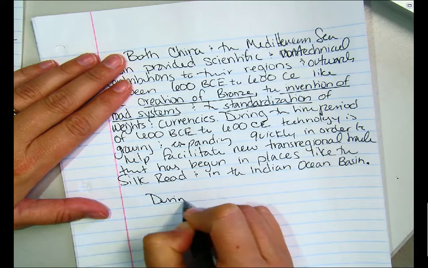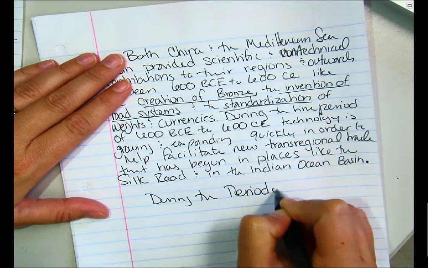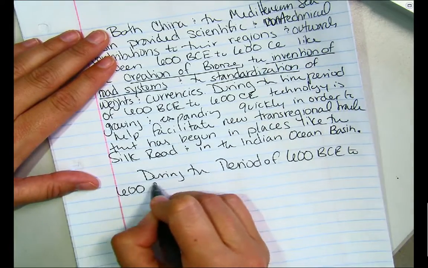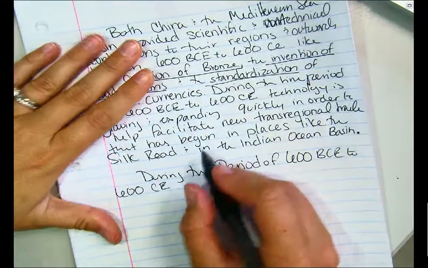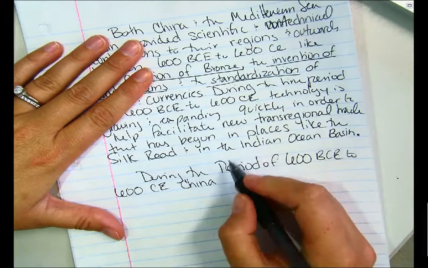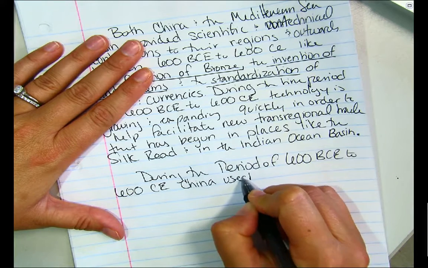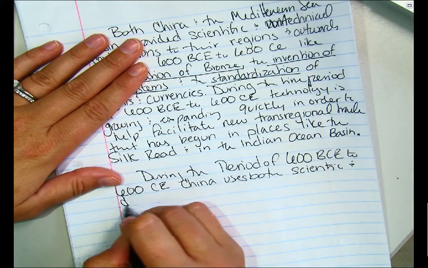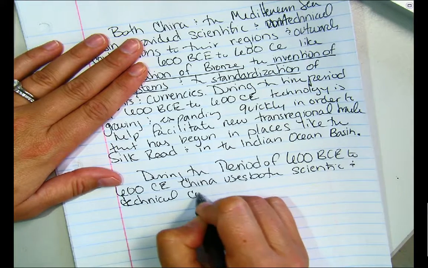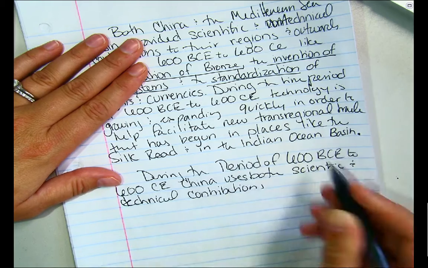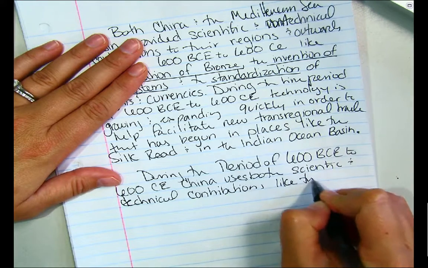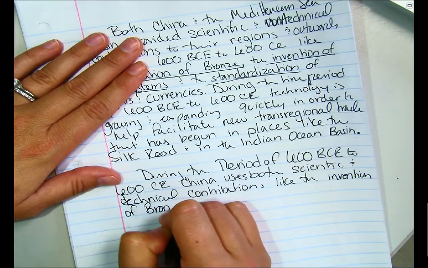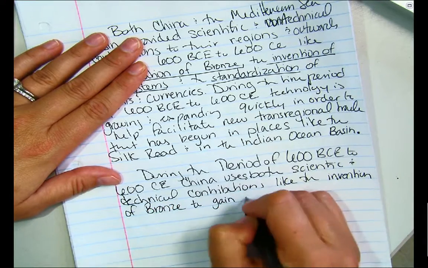During the period of 600 BCE to 600 CE, China uses both scientific and technical contributions like the invention of bronze to gain power in their region.